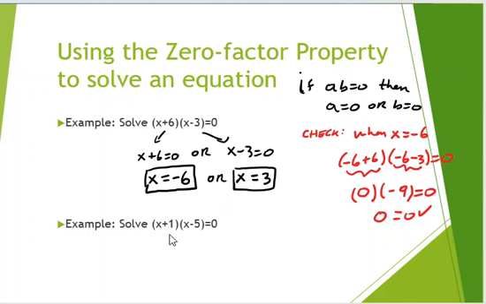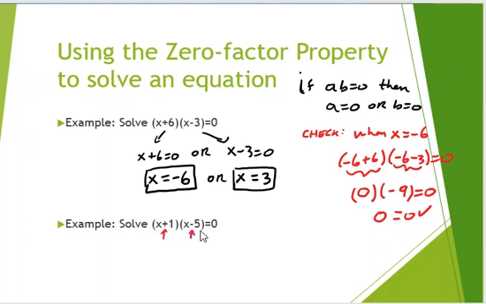So second example, we can actually really speed up the process when you have these simple factors or trinomials with leading coefficient 1. Right here, you would just pick the x value that is opposite sign of whatever is here in parentheses.